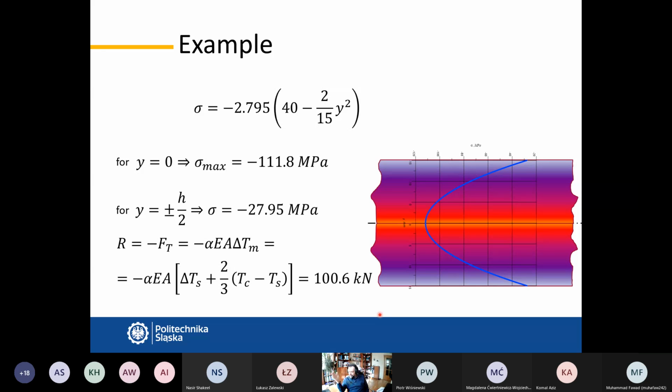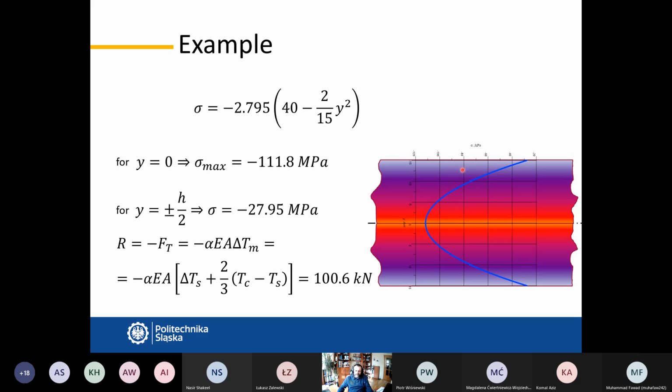As you remember, if there was uniform temperature, the stress was the same at each section, because delta T was not dependent on location.